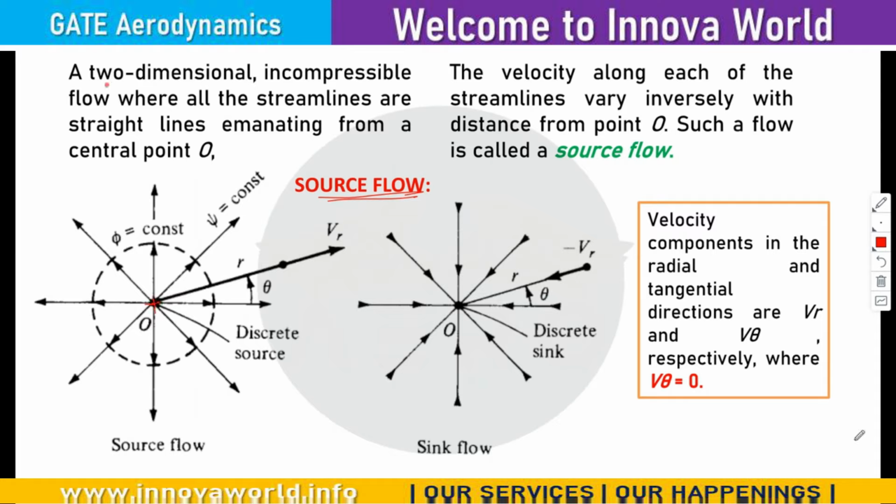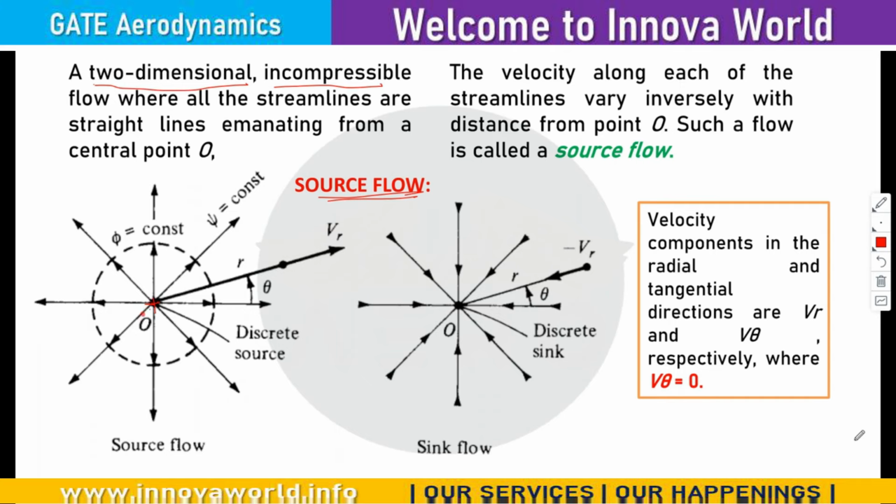The source flow is a two-dimensional incompressible flow where all the streamlines are straight lines emerging out from the center point. But here they have not stated whether the flow is irrotational or not.